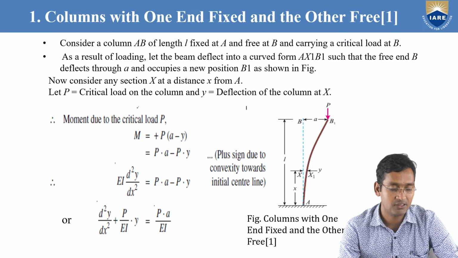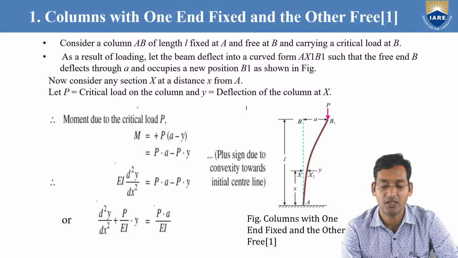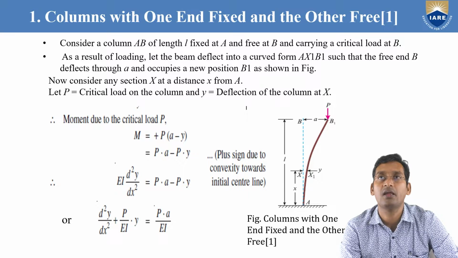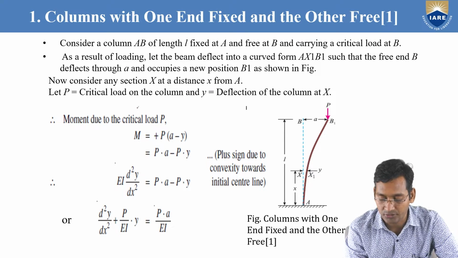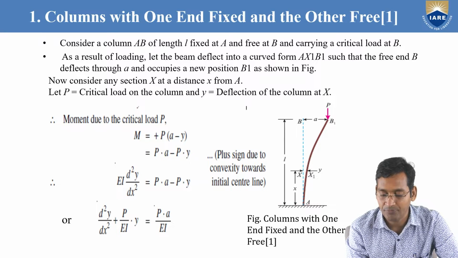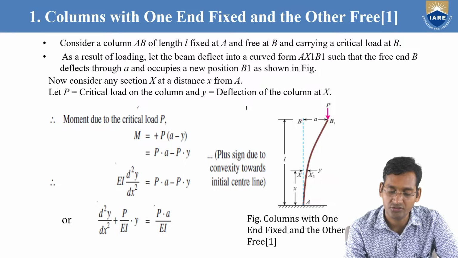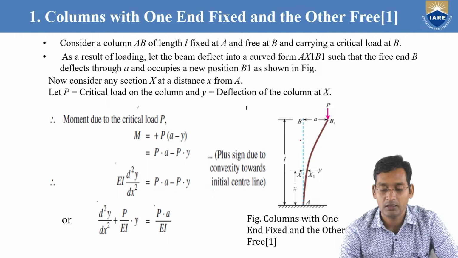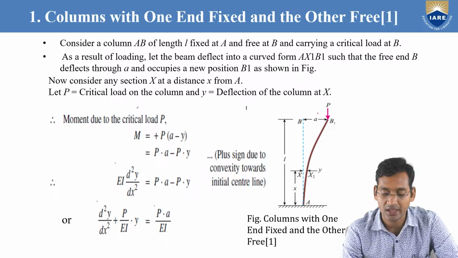Okay, consider a column AB of length L fixed at A and free at B. So this is fixed at A and free at B, carrying a critical load at B. So at B only the critical load is acting. Once the load acts, the column buckles.